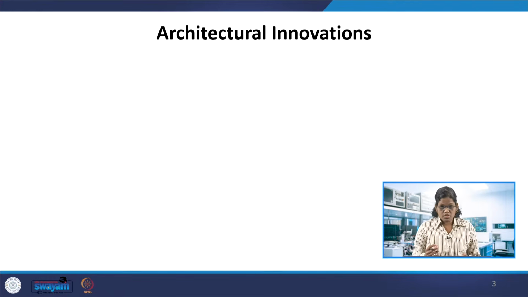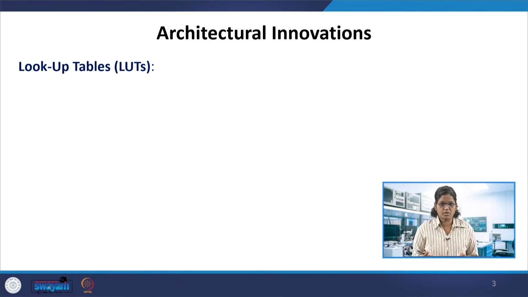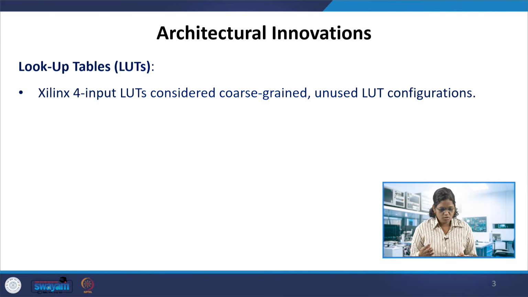Now if we move on to the invention age, what architectural inventions took place in FPGAs? The lookup tables were part of the generic FPGA architecture. The logic blocks contain these lookup tables.